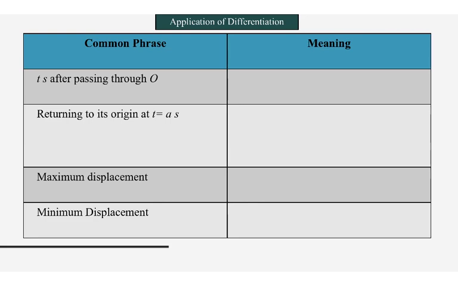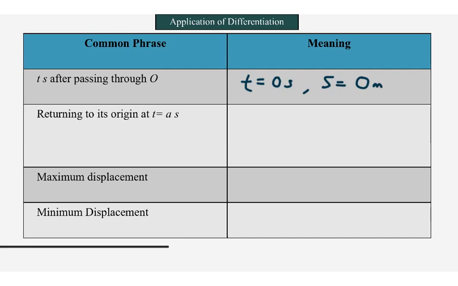For example, the first one, if the question mentioned t seconds after passing through O, what does that mean? It means that when t is equivalent to 0 seconds, s will be equal to 0 meters. That is the first.